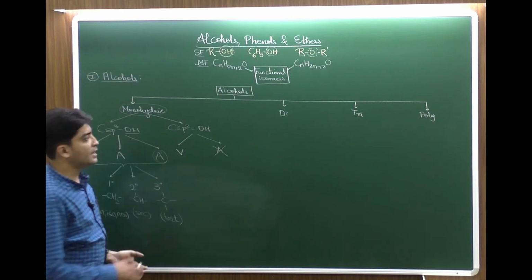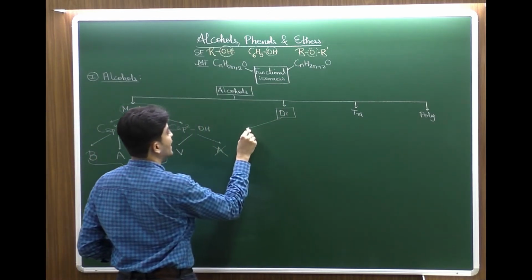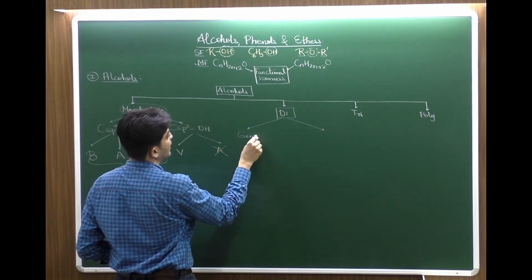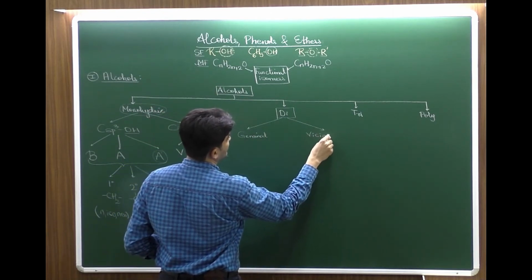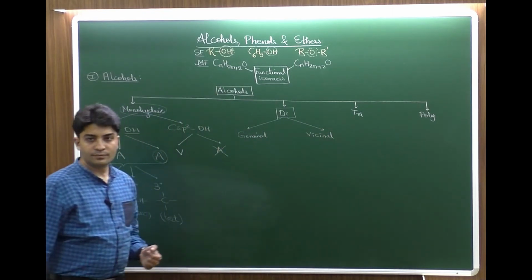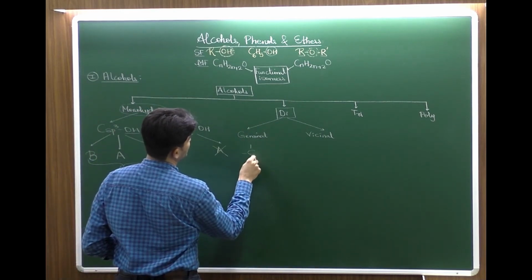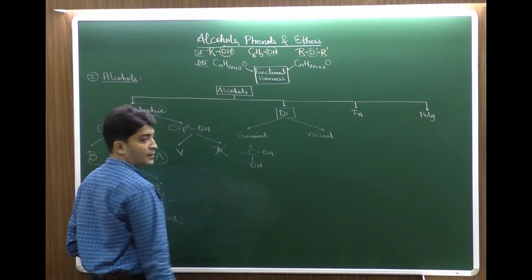Now moving to the dihydric alcohols, similar to dihaloalkanes, can be classified into geminal and vicinal. Geminal and vicinal. But here there is a problem. In case of geminal, the two OH groups will be bonded on the same carbon atom.